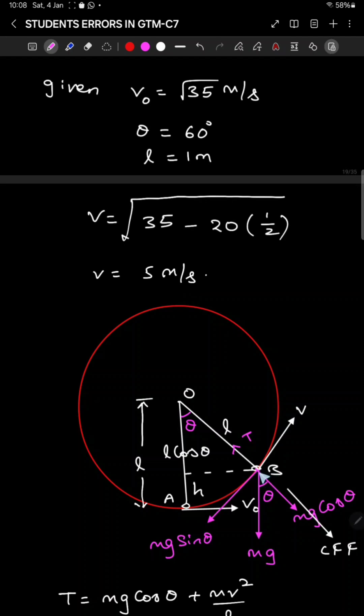At point B, if you draw the free body diagram, the weight of the body always acts downwards. There is a tension T. If we resolve mg, this becomes mg cos theta and this will be mg sin theta. In a non-inertial frame, we have to consider real force and an extra pseudo force. Here the pseudo force is nothing but centrifugal force. Now balance it, equilibrium. T is balanced with mg cos theta plus centrifugal force.